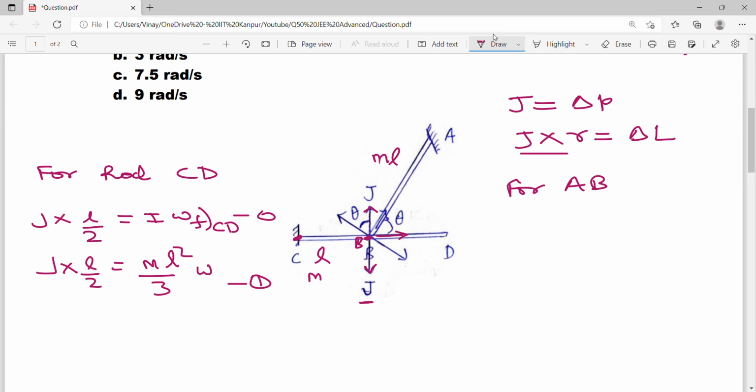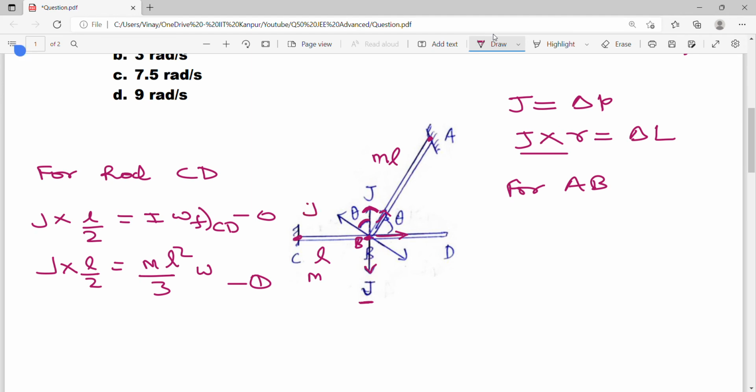You can imagine rate of change of momentum is force, so action and reaction kind of thing. Now tell me, which component of this J is going to give you the moment of momentum? This component is going to give 0, right? It is passing through the line of action. So it's the perpendicular component that matters.